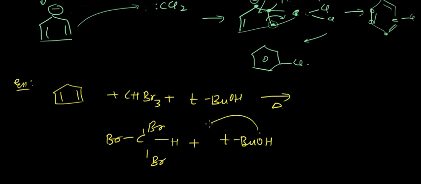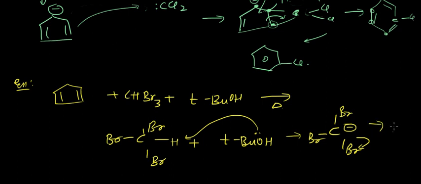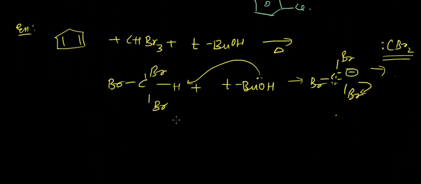So it will take on the H plus, creating C minus Br3, and when it is created, one Br would be leaving, and it will result in the formation of a carbene, where we'll have something like this structure. Now this was the first step.